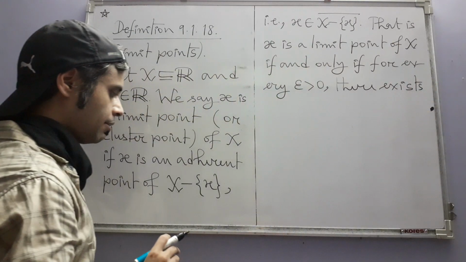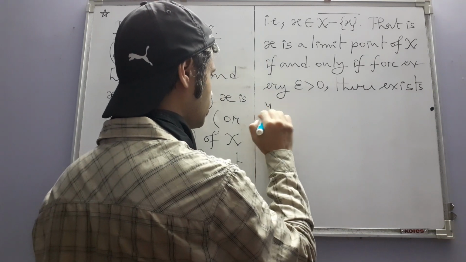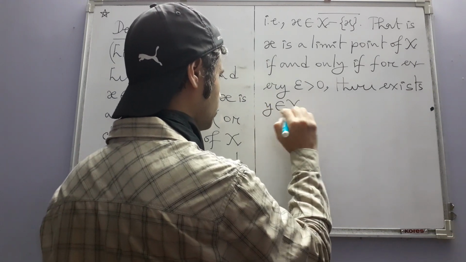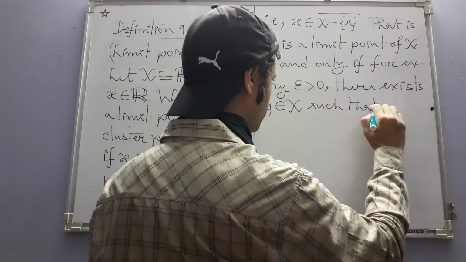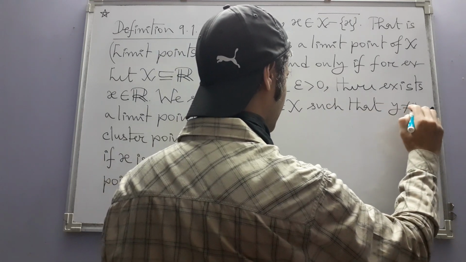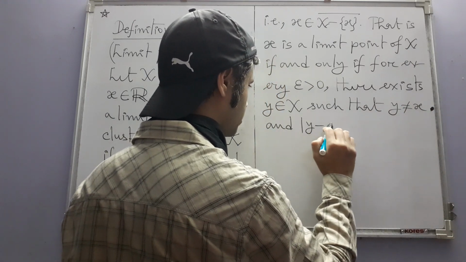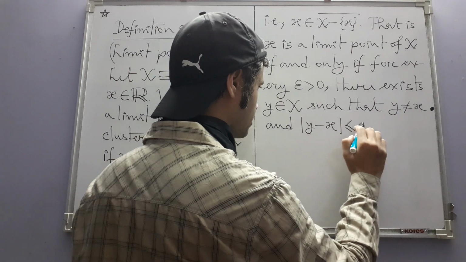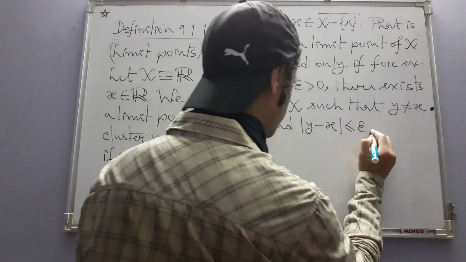There exists a y in X such that y is different from x and y is epsilon close to x, that is their distance is at most epsilon, it cannot be beyond epsilon.